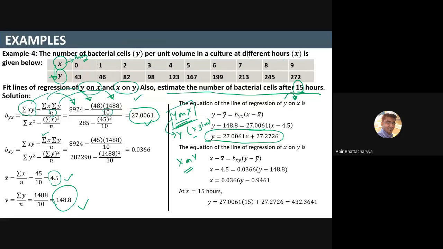Then write down C on the chat box if it is clear to you. Not getting any responses. All of you write down C on the chat box if this problem is clear to you. Okay, good.